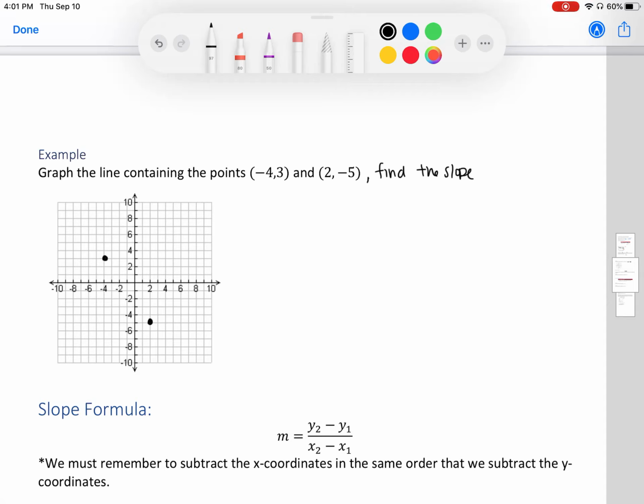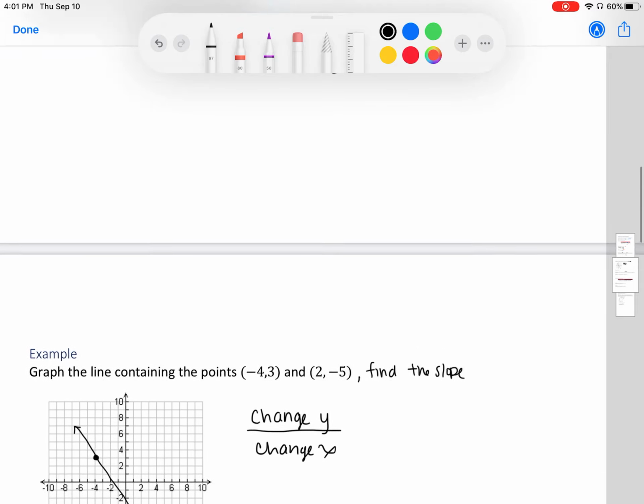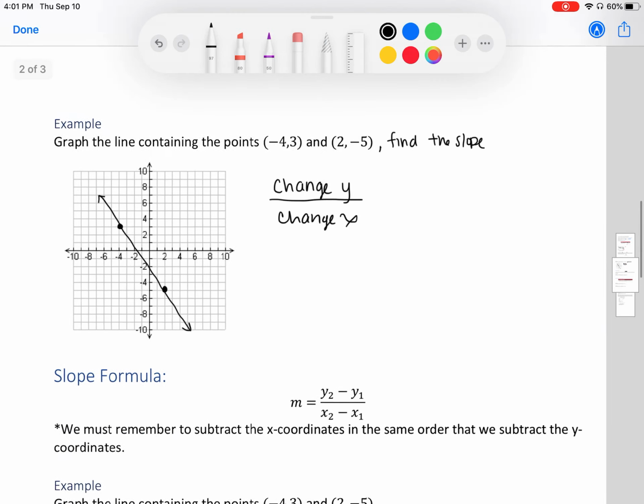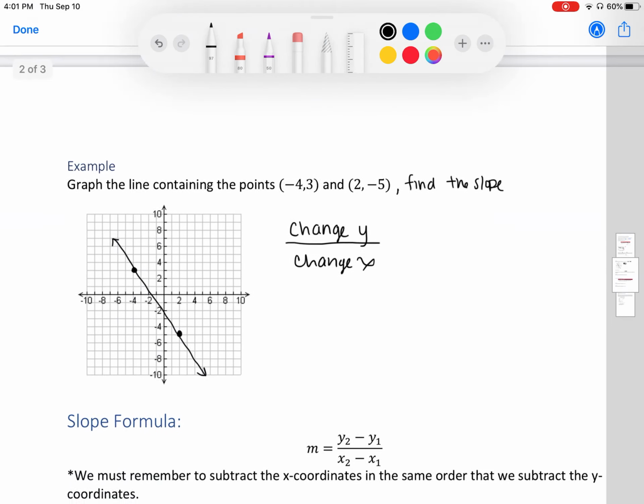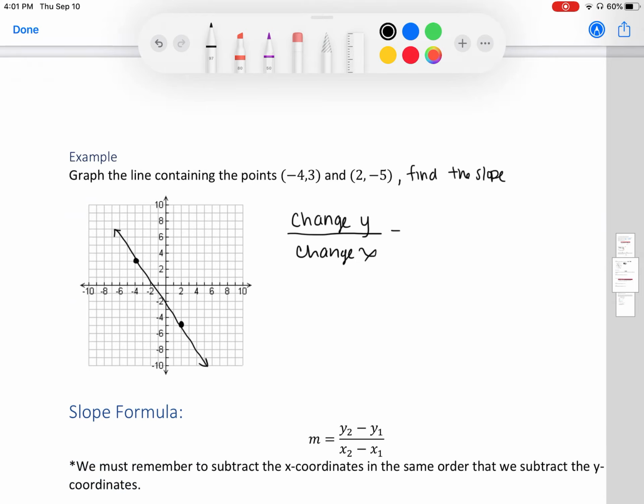We plot these points and see the line they make. They also create a slope. A slope is the change in y divided by the change in x, as we have defined right above. The change in y is called the rise, the bottom is the run. Rise over run.